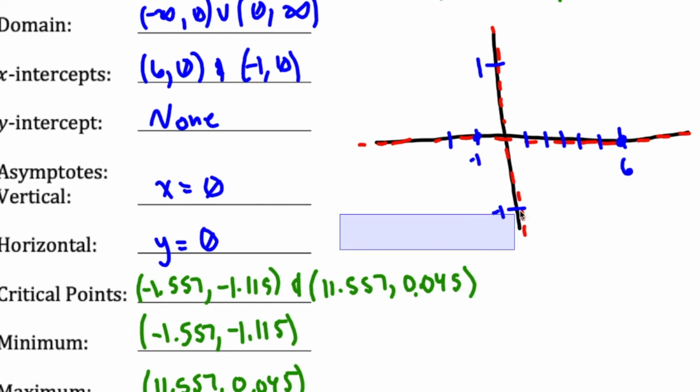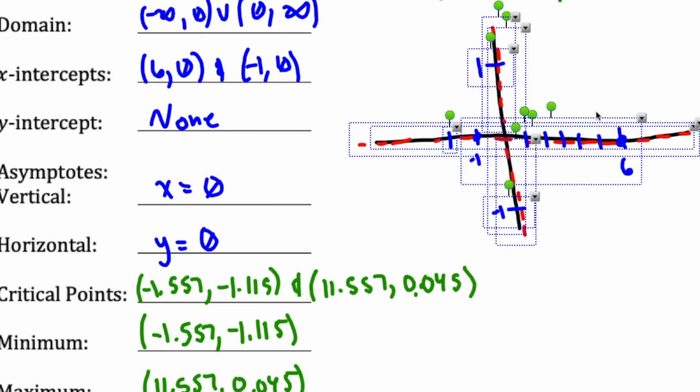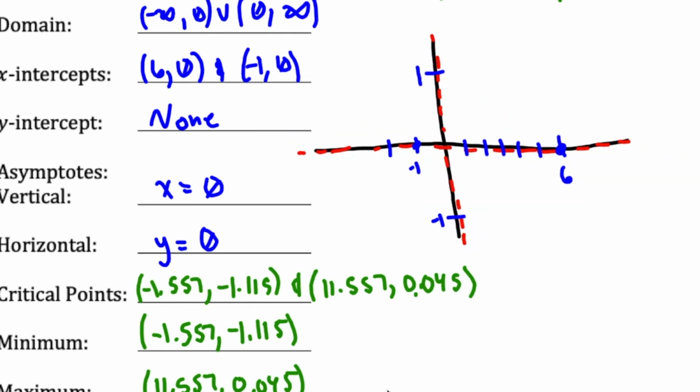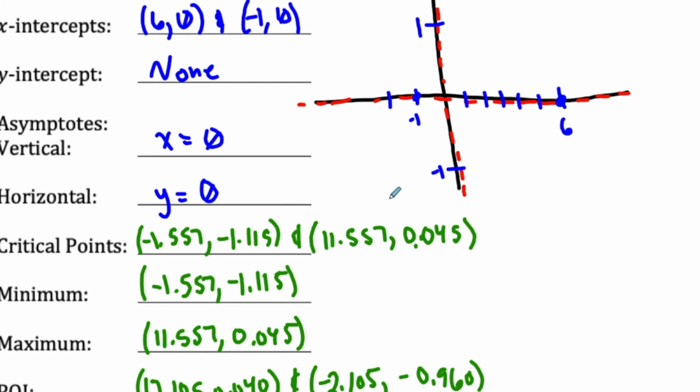So let me try and slide this over. So we have a minimum at the negative 1.1, so we'll just say that's right about there. Negative 1.5 on the x-coordinate, negative 1.1 on the y-coordinate, so somewhere in that area.